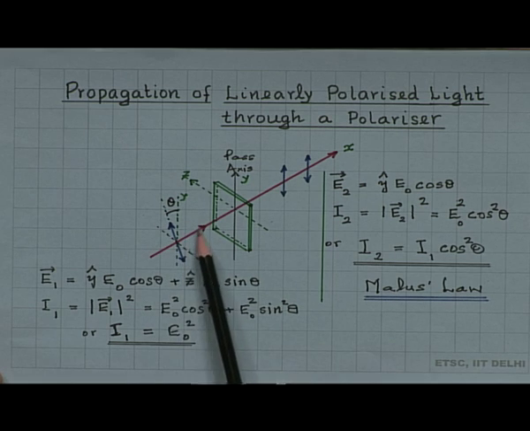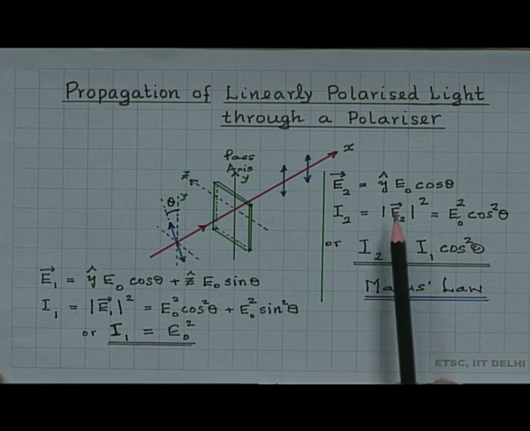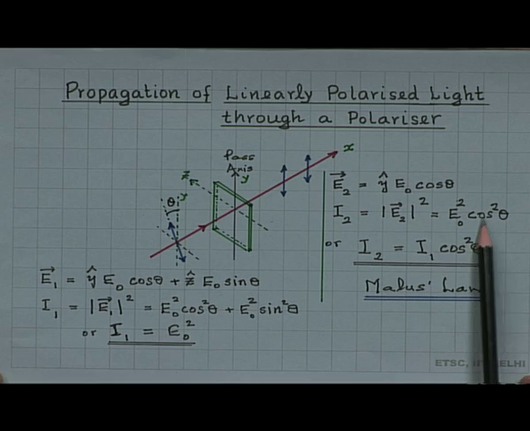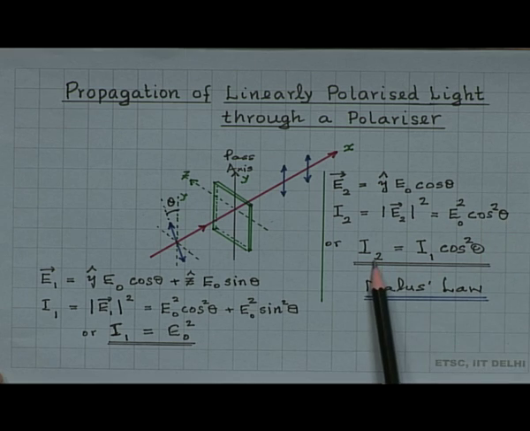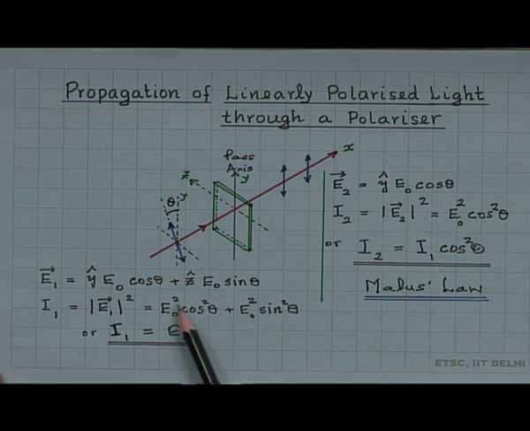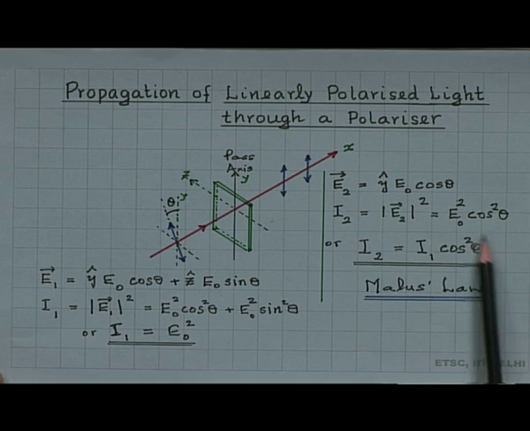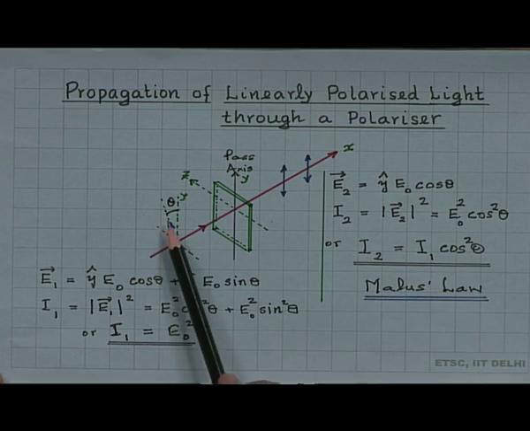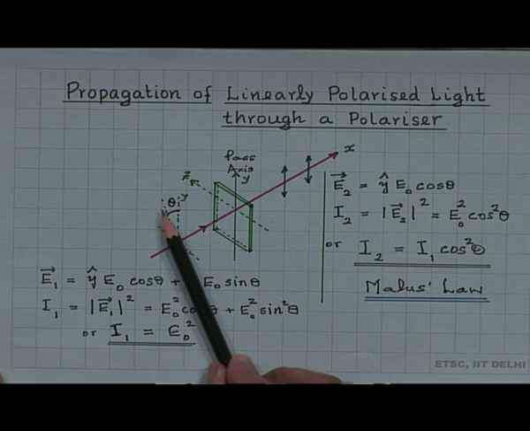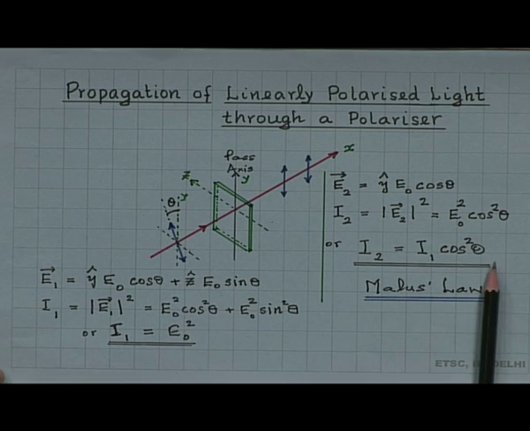Intensity at the input is E 0 square, intensity at the output after the polarizer is E 0 square cos square theta, and therefore, I 2, the intensity at the output, is equal to the intensity at the input times cos square theta. This important relation is called Malus law, where theta is the angle between the path axis and the plane of polarization of the input light.